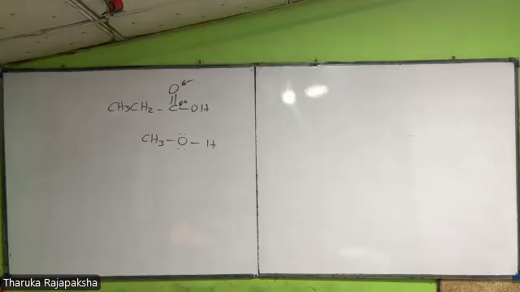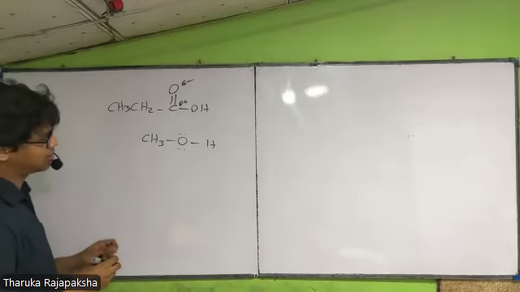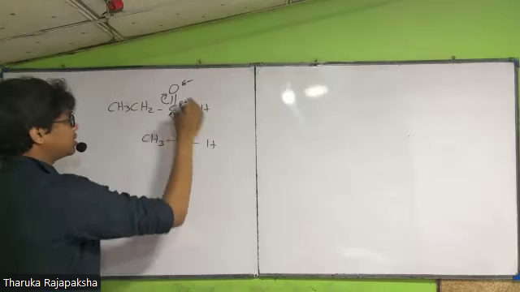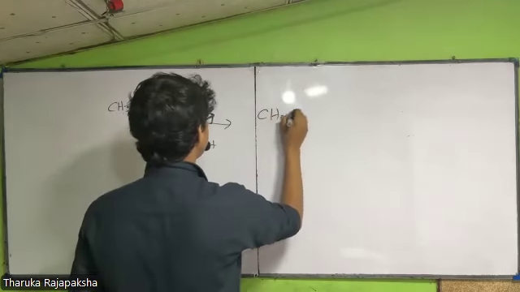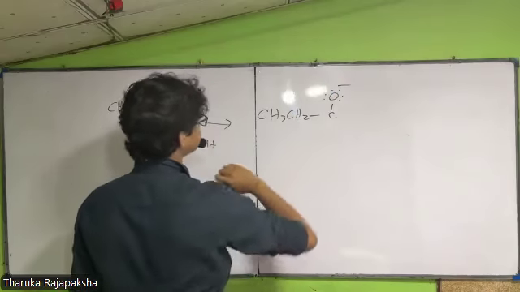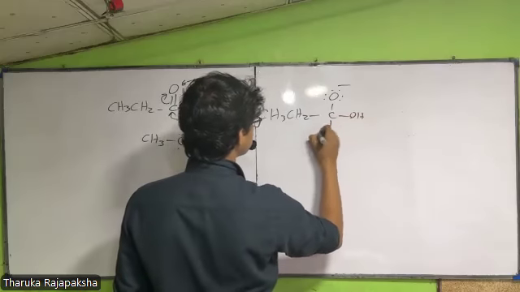Should we draw the lone pairs on nitrogen? Yeah, it's better to write. You're attacking this carbon, they are breaking the bond. So it forms CH3, CH2, C, single bond, minus OH.